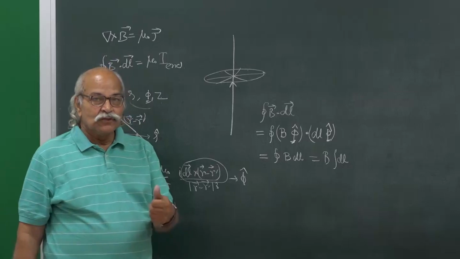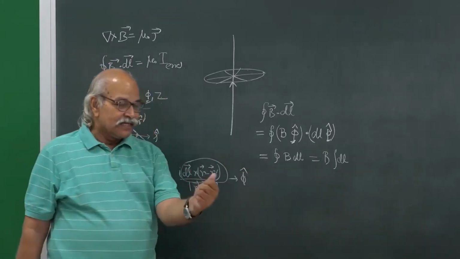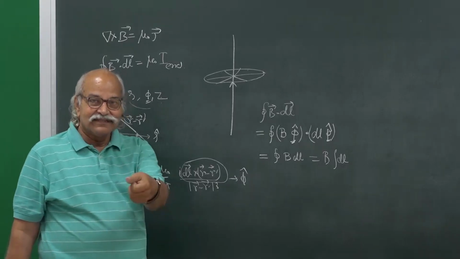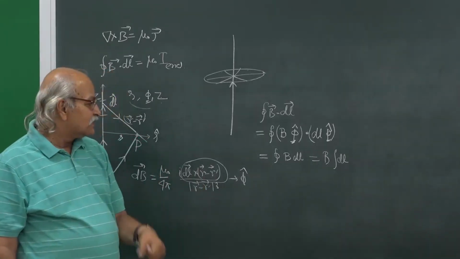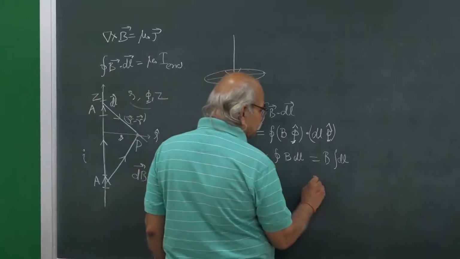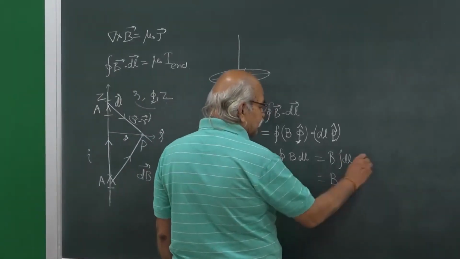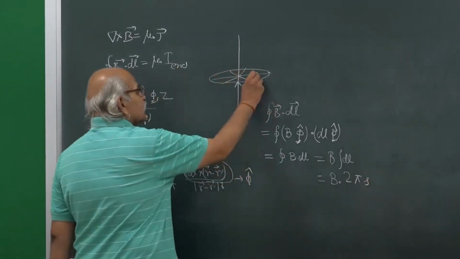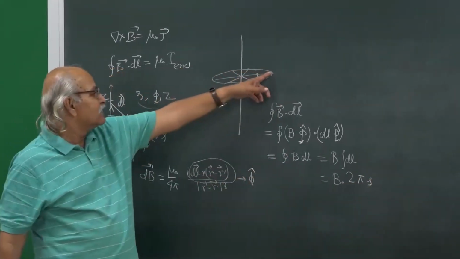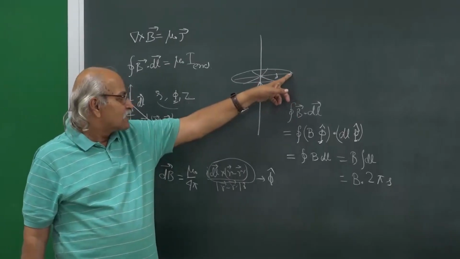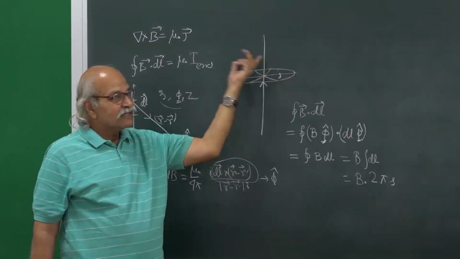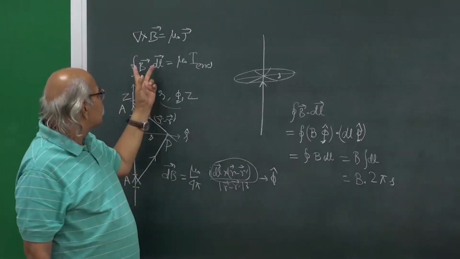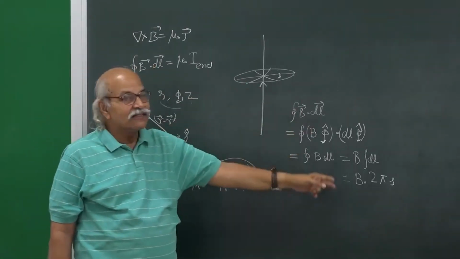What you have to add is length dl plus length dl plus length dl, so over this entire curve it will be B times the perimeter of the circle, 2 pi s. S is the radius of the circle, this point is at a distance s, and with this same radius we have drawn this circle. So this is how the left hand side is evaluated.